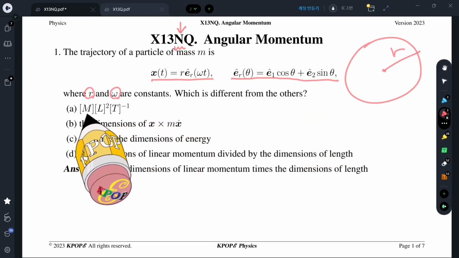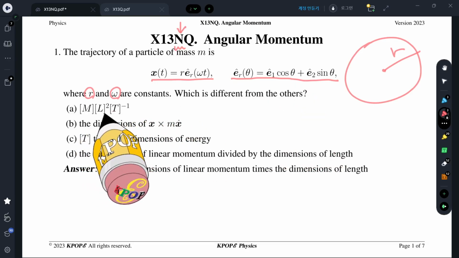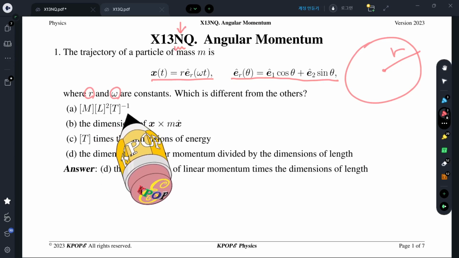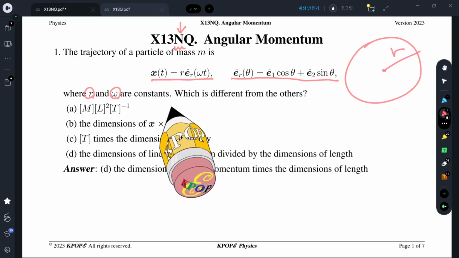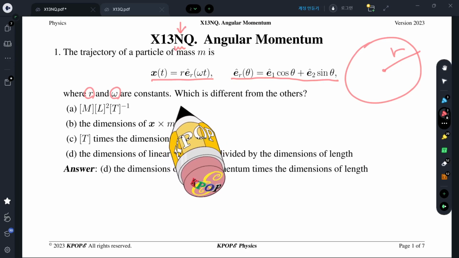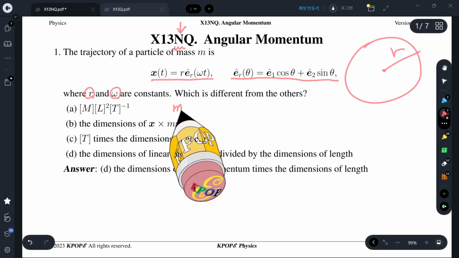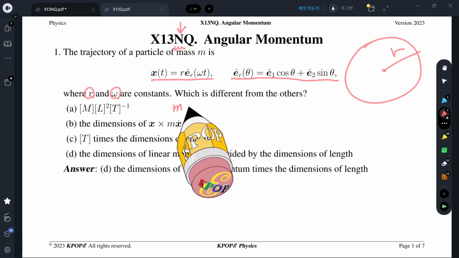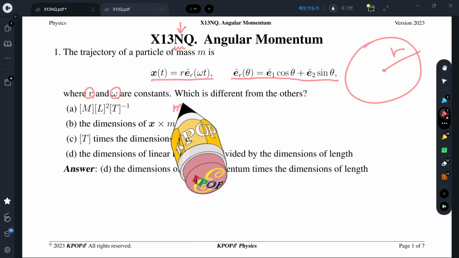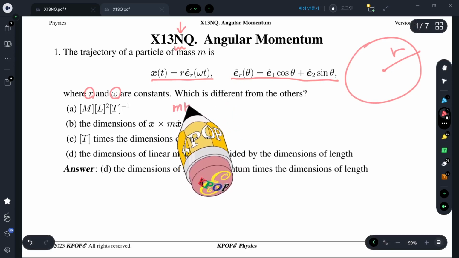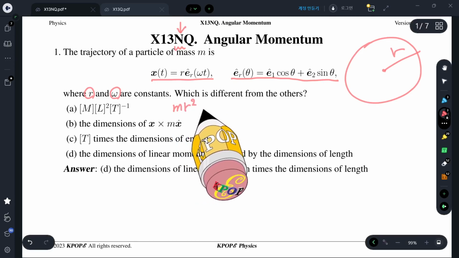First, mass, length squared divided by time. Mass, length squared, m r squared, and time.